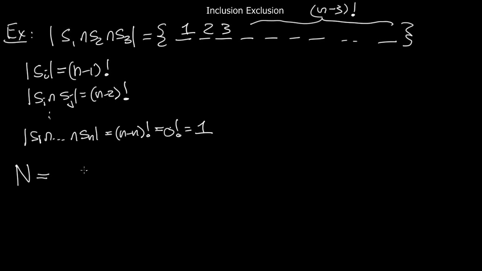Now, let's write down the formula for n. Well, the first term is n minus 1 factorial. And how many of these terms are there? Well, i is running from 1 to n, so it's this number times n. From here, there are n of these i's. Okay. Now, what's the next term?